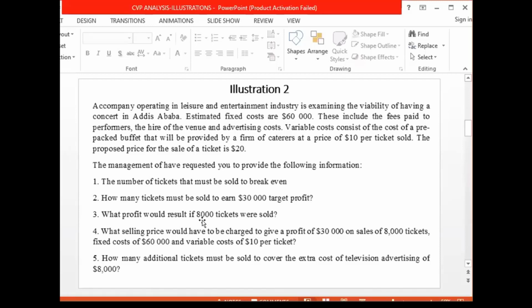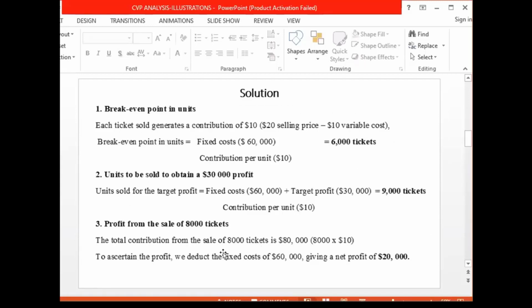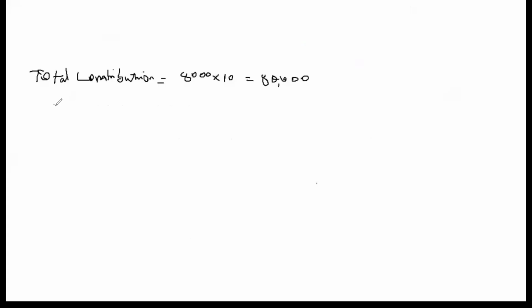Then now we are asked to determine the profit. So profit is just the total contribution less the fixed cost, all right? Because profit is actually total sales minus total costs.